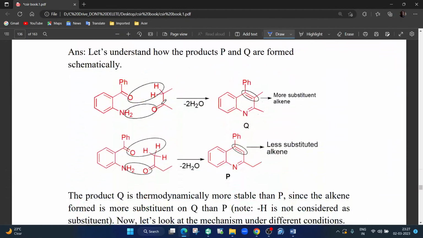So this was the ketone, you saw this ketone, this was there in the question, and this was the ketone and amine. So on the benzene ring you are having amine and ketone part. So it's basically two condensation reactions that are occurring.